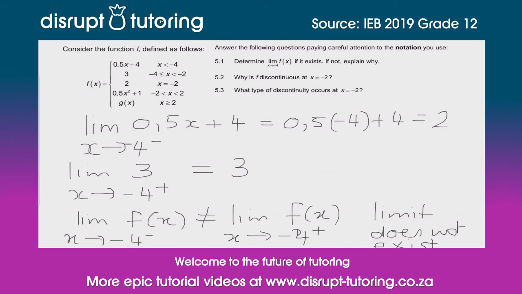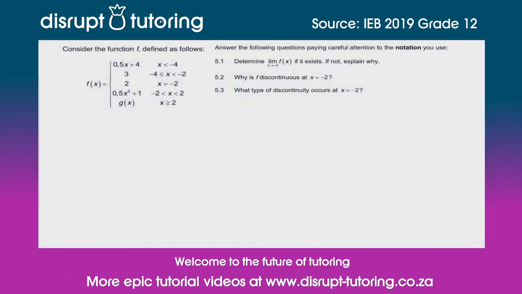The left-hand side of the limit and the right-hand side of the limit need to be the same, and in this case there's 2 on the left, 3 on the right. So the limit doesn't exist at x equal to minus 4.